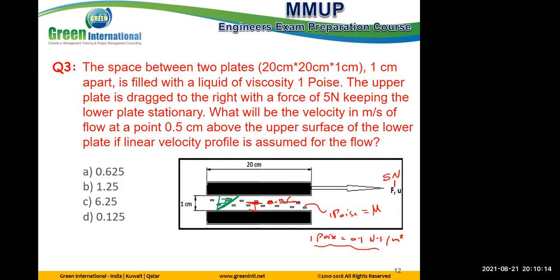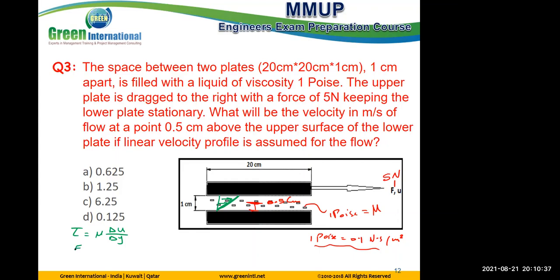Let's start. For this one, we need mu at 0.5. Let's write the equation. Tau is equal to mu delta U by delta Y. We don't have tau directly, so we have another way to get tau. Shear stress is equal to force by area.